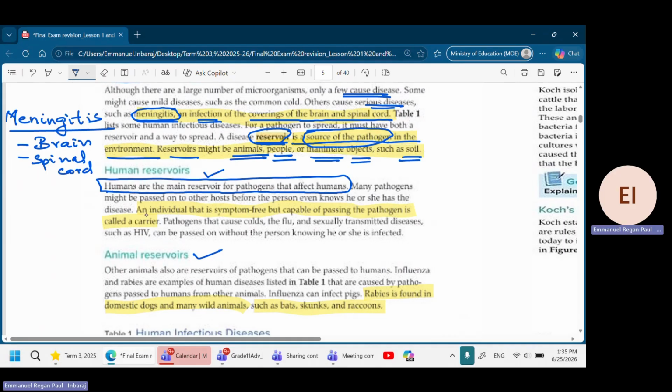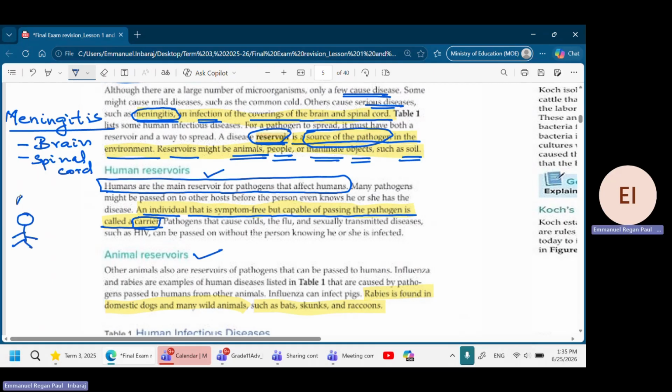One more thing that you remember: an individual that is symptom free but capable of passing the pathogen is called a carrier. This is the definition of a carrier. So what does that mean? Who is called a carrier? For example, there is one person. Let me draw one person here.